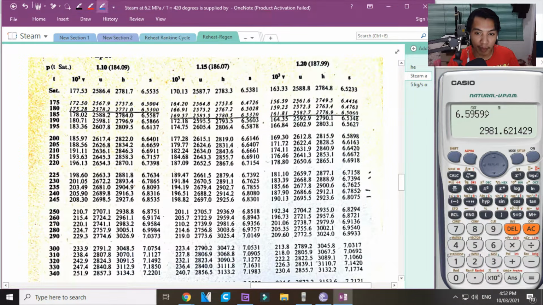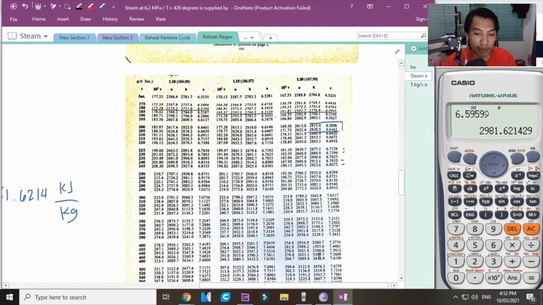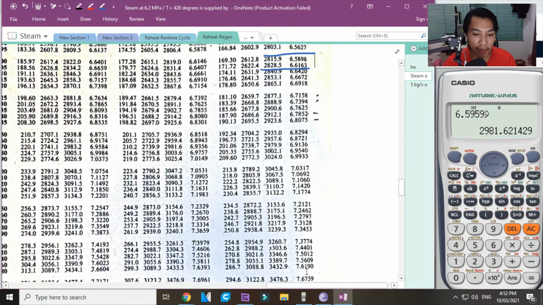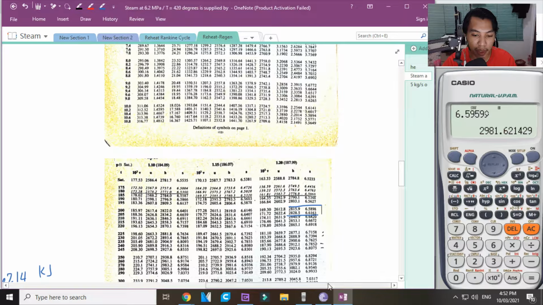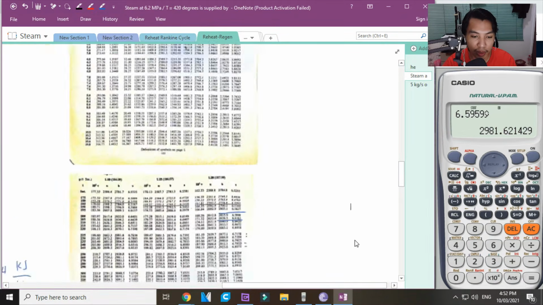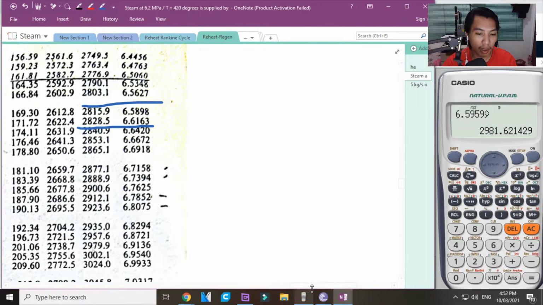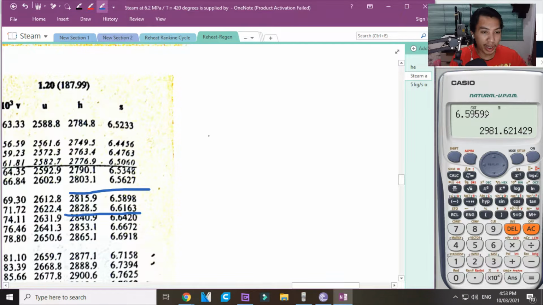Andito siya sa gitna nitong dalawa. Nag-interpolate ulit tayo ng value dyan, sir. Mas maganda kasi, solve natin sa tabi niya. We'll solve for H3.